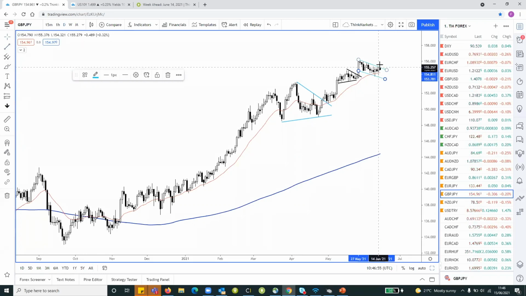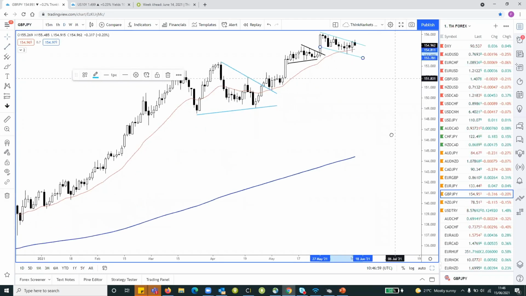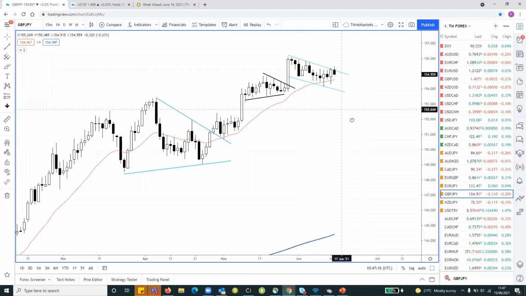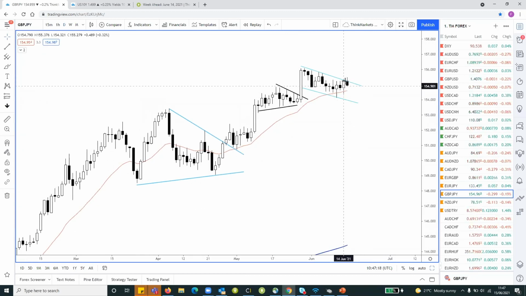So far, the breakout has failed, so it's worth keeping an eye on this ahead of UK CPI tomorrow. But the day before, the pound yen created this nice bullish engulfing candle at the still rising 21-day exponential, which is a strong indication that it wants to go further higher.